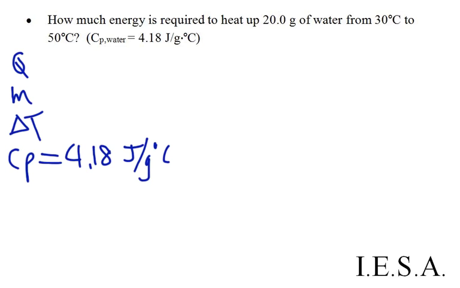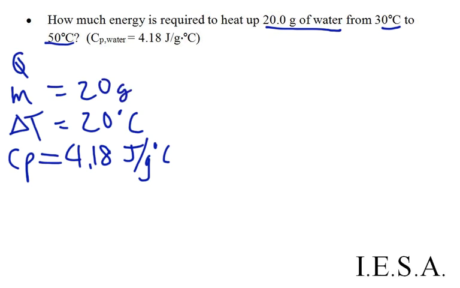For delta T, we are going from 30 degrees to 50 degrees, so 50 minus 30, this is 20 degrees Celsius. The mass is 20 grams of water. And Q, they don't tell us that, but it says how much energy. Energy is Q, so this is what we're actually looking for.